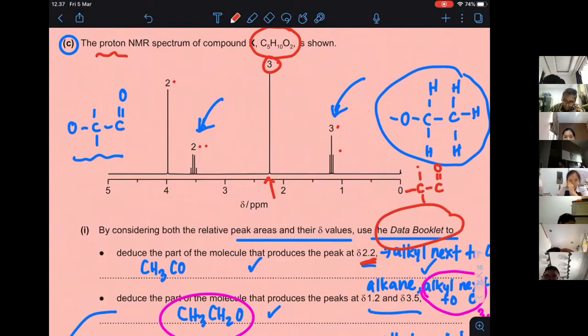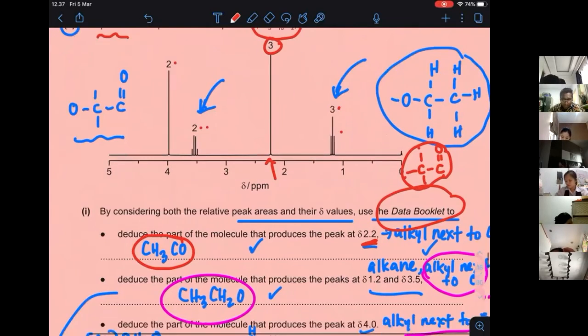Because 3 same hydrogen environment, and the carbon next to it has no hydrogen. Therefore, there is no splitting. So I make the judgment that this is going to be CH3CO. I hope you understand how to make this judgment.